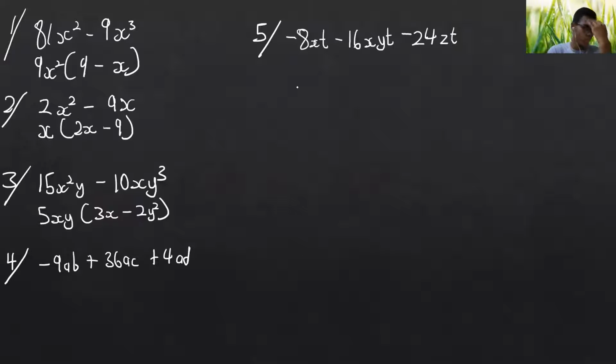Back to Denisha. What is the highest common factor for this expression? Negative 8. All right. Negative 8, plus open bracket, no, you said negative 8t, open bracket.